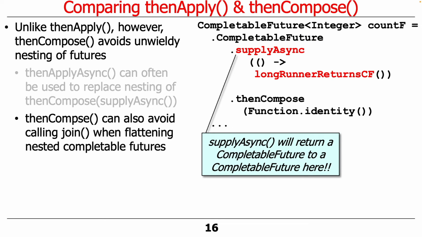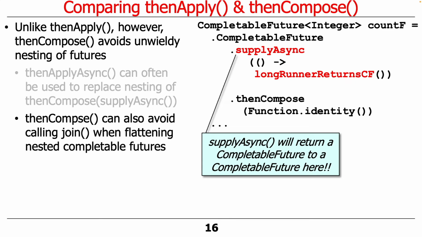You can also use thenCompose for other purposes, to avoid calling join when you need to flatten nested completable futures. And this is a little bit more of an esoteric use case, but it's worth knowing about. So here's an example where we have a call to supplyAsync, and the method we call as the lambda action in supplyAsync itself returns a completable future, which does occasionally happen.